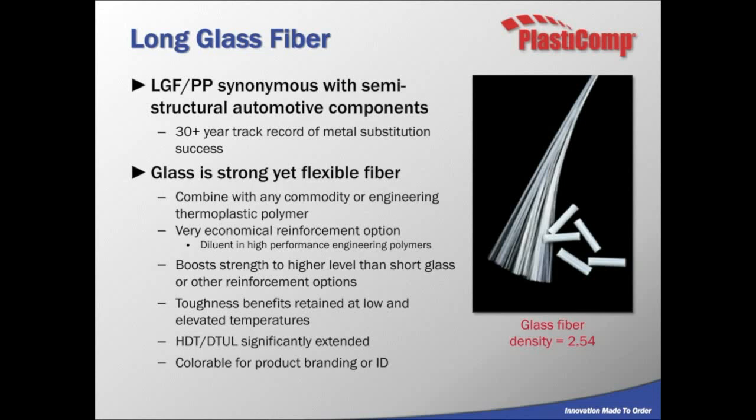You can combine it with any commodity or engineering thermoplastic polymer to boost mechanical properties. It's a very economical reinforcement option. It boosts the strength to a higher level than short fiber materials or other reinforcement options. You get the added toughness benefit retained at low and elevated temperatures.